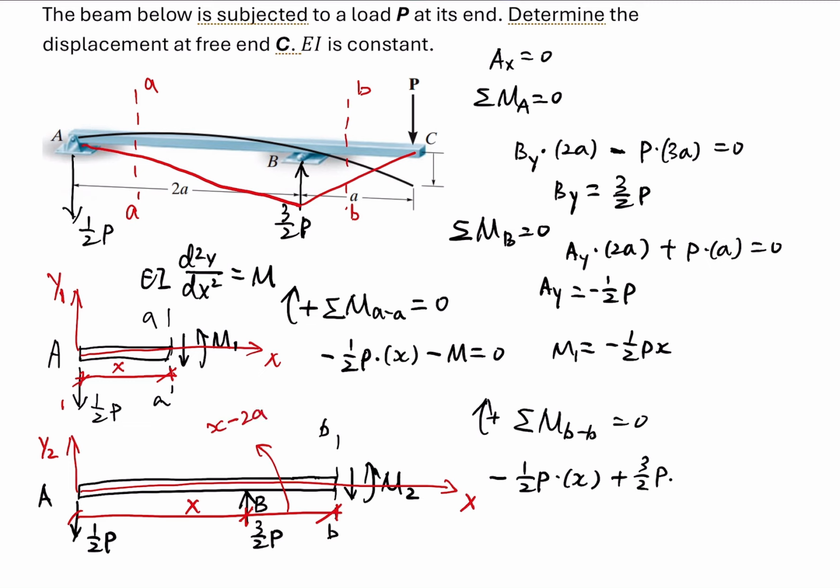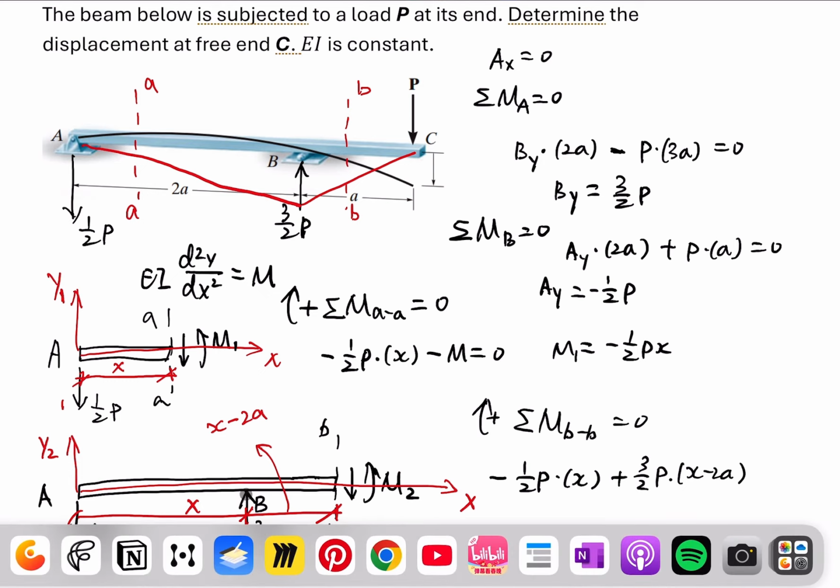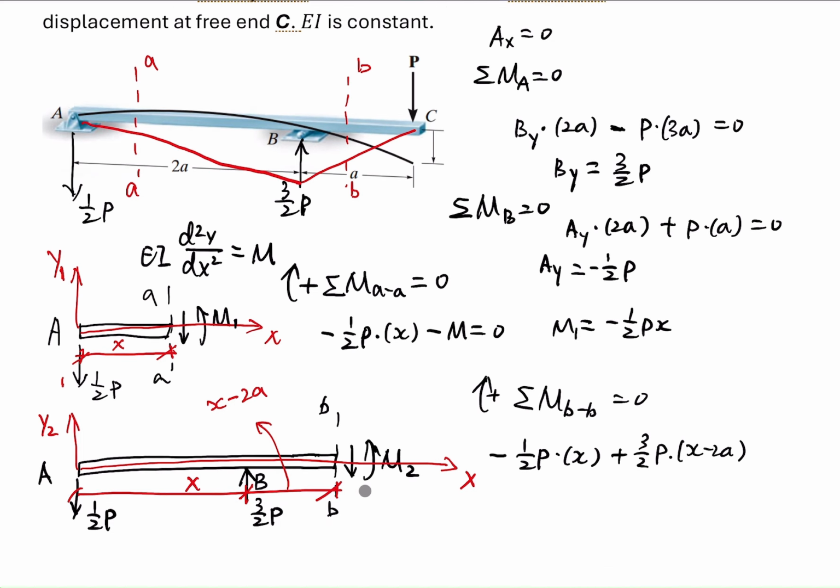This is the bending moment from support B. We also have bending moment M2 on this section, which goes counterclockwise, so it's negative M2, equal to 0. Rearranging this equation, we get M2 equal to Px minus 3Pa. This is the moment equation.